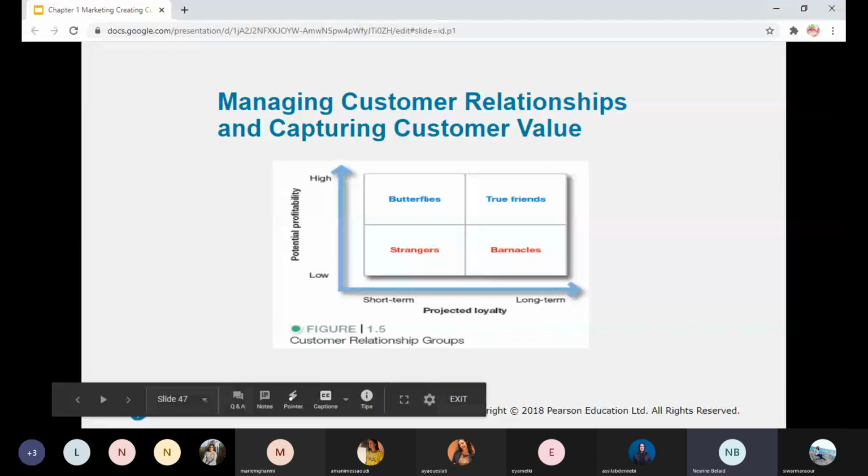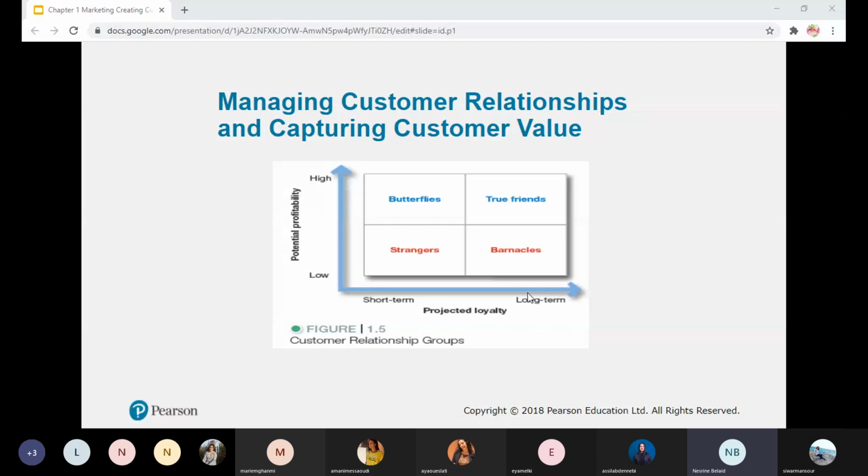Great. Thank you. So this figure classifies customers into one of 4 relationship groups according to their profitability and projected loyalty. We have the projected loyalty in the horizontal axis and the potential profitability in the vertical axis.